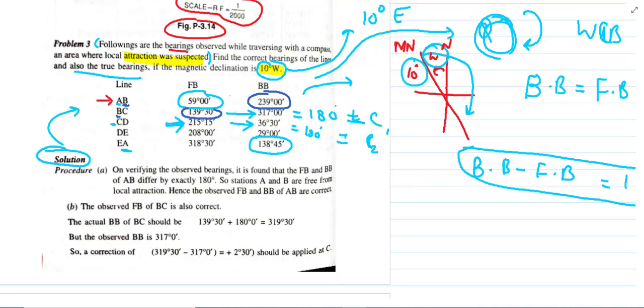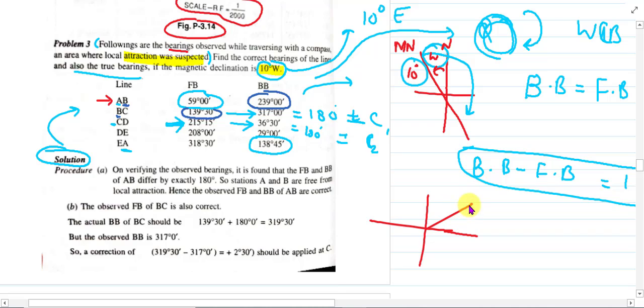Because if our magnetic declination is 10 degree east, it means your magnetic north is in this direction and you are taking all readings from this direction. For true bearing, we just add 10 degree, so that all readings will be taken from the true north. So this is the concept related to magnetic declination.